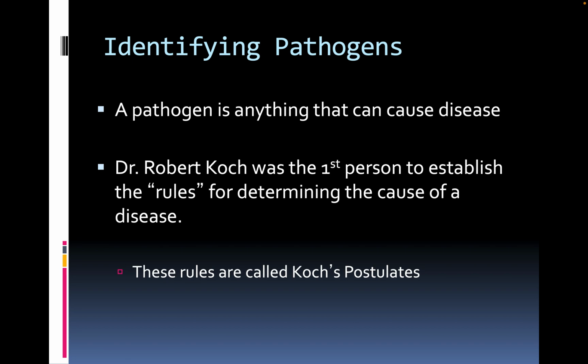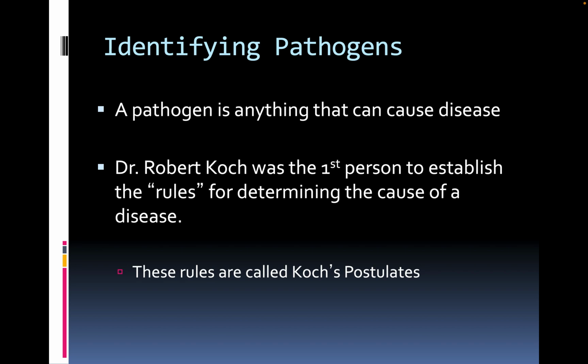Dr. Robert Koch was the first person to establish the rules for determining what microorganism causes what disease. And these are known as Koch's postulates, and they're still used today. What makes it difficult is, let's say there's a new disease. Somebody comes into the hospital sick.